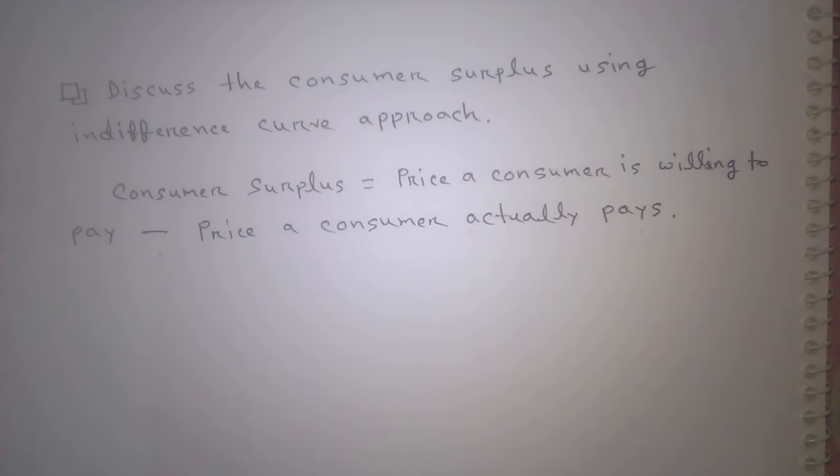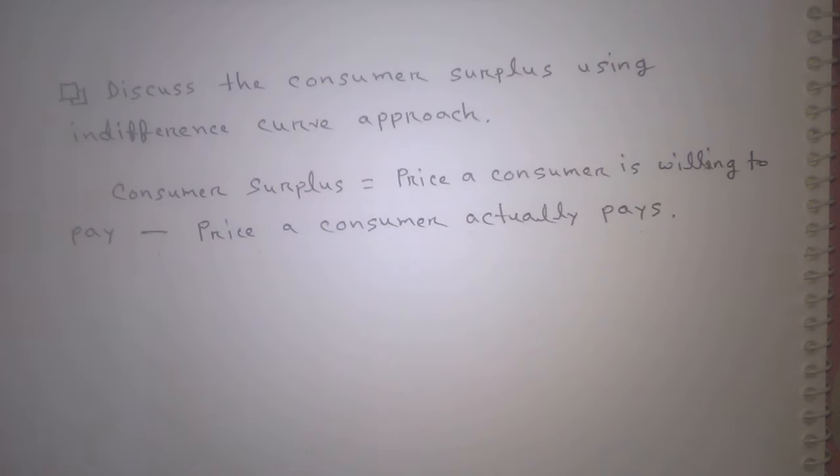Let's take an example. You have 50 taka in your pocket and you are going to pay that amount for a particular product, which means you are willing to pay 50 taka for it. Then, when you actually go to the shop to purchase that product, you come to know that the product costs only 40 taka.